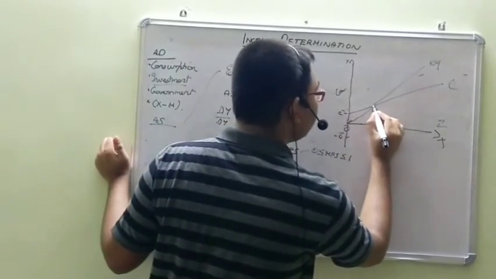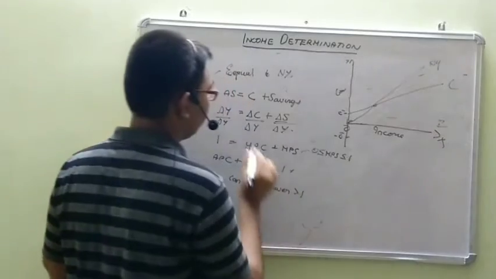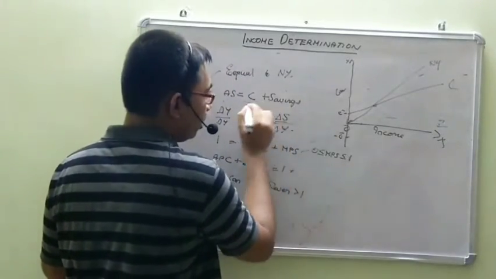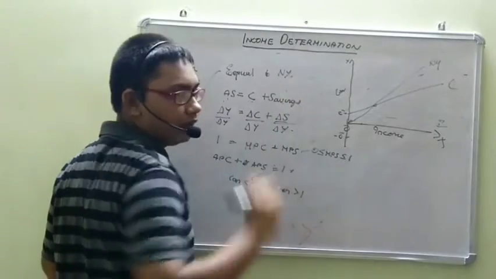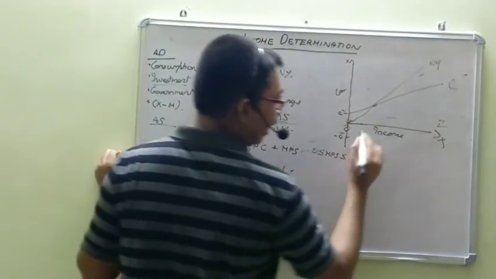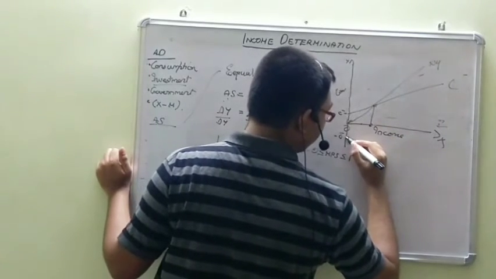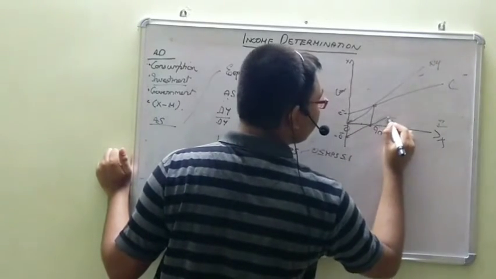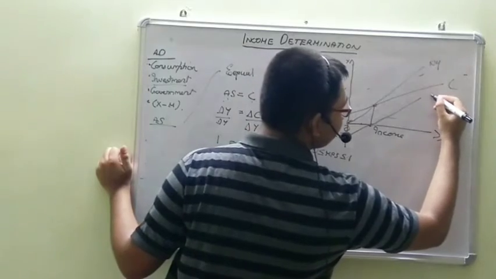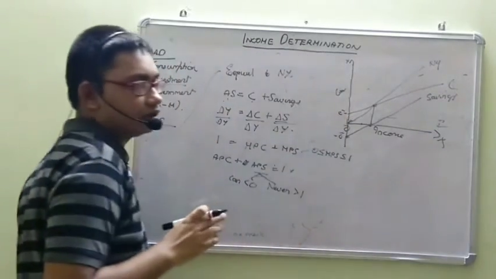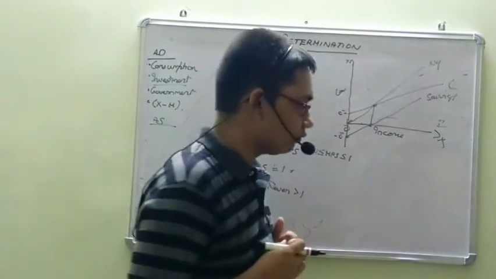However, when consumption is equal to national income, AS is equal to C plus savings, so savings will be equal to 0. At this point, savings will be equal to 0. So, when we join these 2 points and extend, we get the savings curve. This is how we derive the savings curve from the consumption curve.